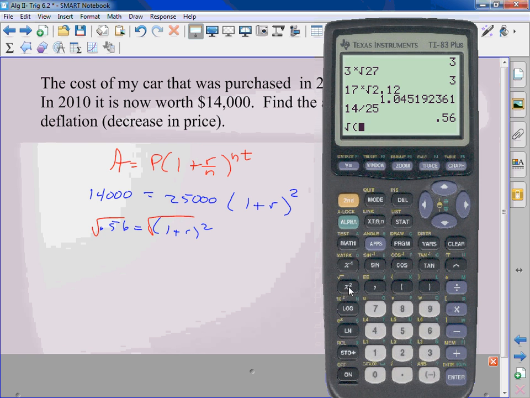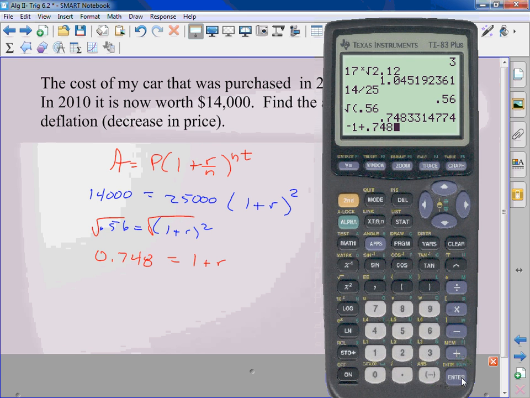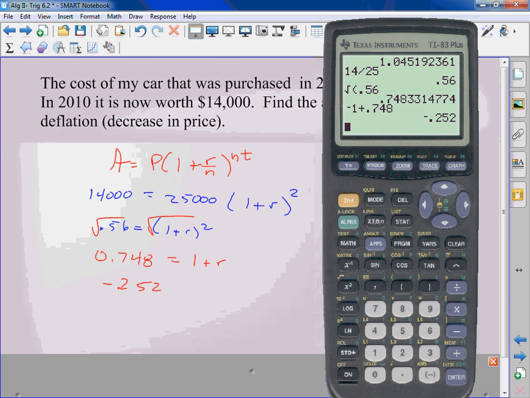So I do the square root of 0.56, and I get 0.748. That's what 1 plus R is. Now I need to subtract 1. So negative 1 plus 0.748, negative 0.252 is what R is.